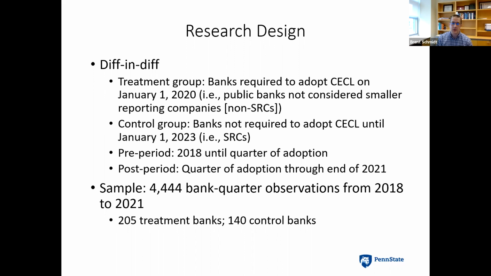We go through and make sure that we know when the banks actually adopted CECL and define their post period based on when they actually adopt. So like I said, of the 205 treatment banks, there are 39 that ended up delaying implementation under the CARES Act.